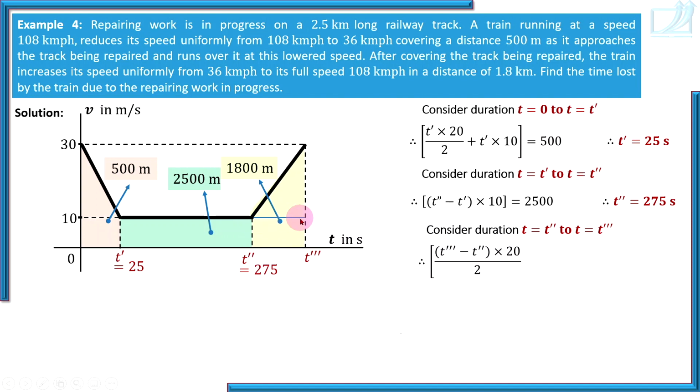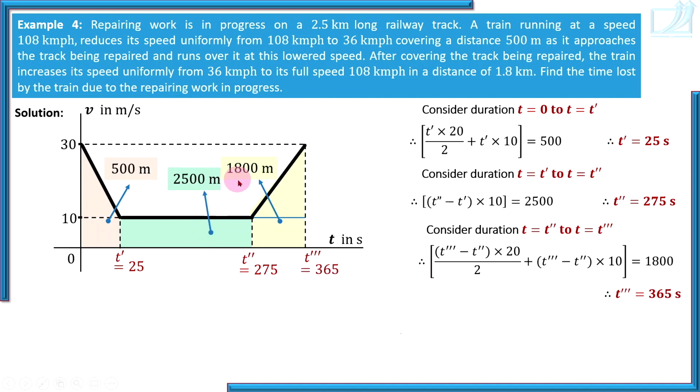So the base of the triangular portion is T triple dash minus T double dash, into height 20 divided by 2, plus this rectangular portion, T triple dash minus T double dash, that is this length, and height is 10. It is a rectangle, so base into height. That area is the distance traveled by the train during accelerated motion, and it is 1800. So T triple dash is equal to 365 seconds.